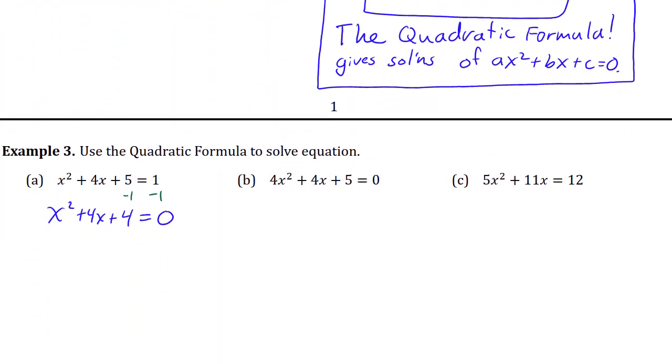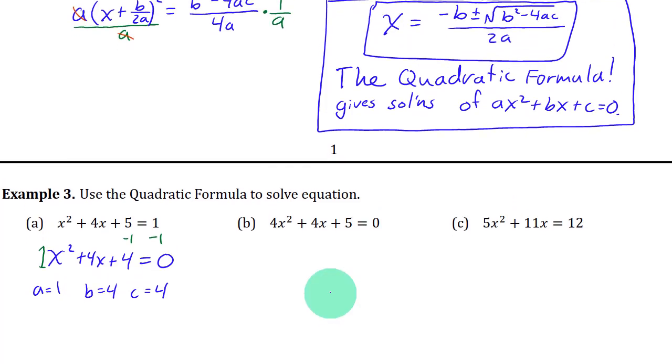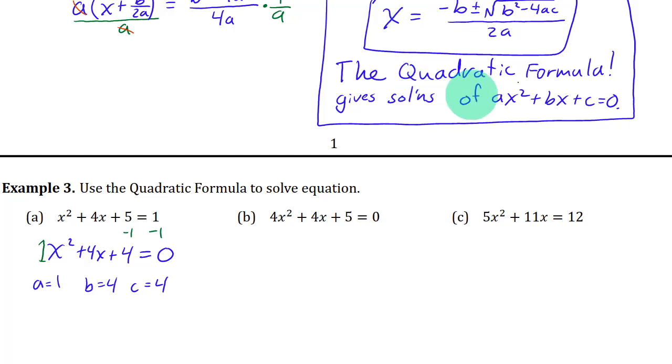Okay. So, anyways, this x squared you can think of as 1 times x squared. So that means your a is 1, your b is 4, and your c is 4. So that's what we're going to do. We're going to take those values of a, b, and c and plug them into this.